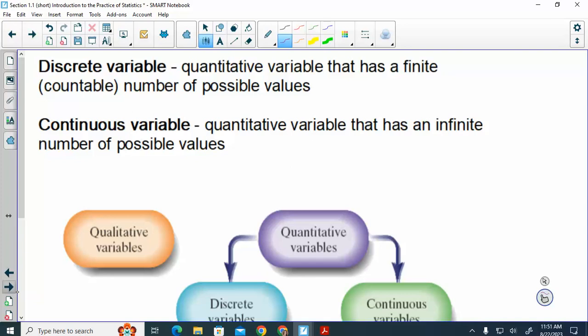Think of continuous as something involving decimals. I can't have 2.3 pairs of shoes, but if I were talking about the weight of an object, you can have decimals, and we could round to 1 or 2 or 3 or 4 decimal points, so that makes it continuous. We cannot just sit and list every possible value.